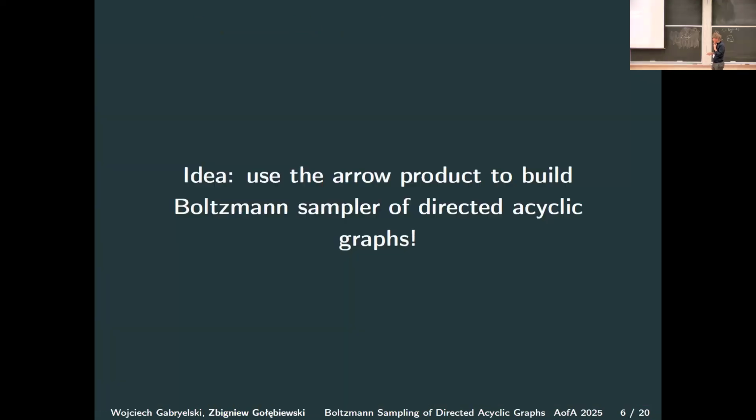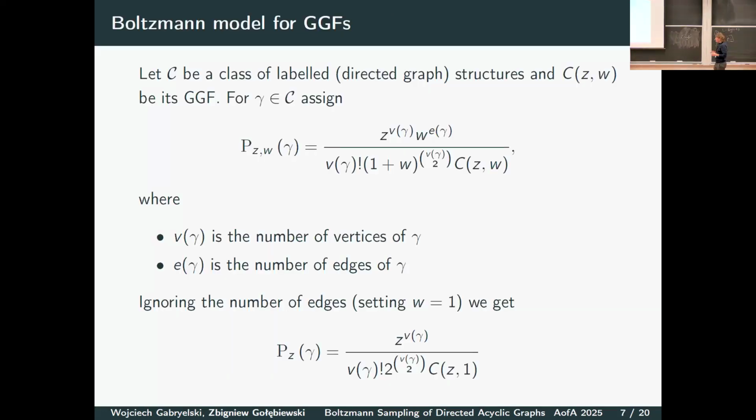Okay, so our idea was, let's use this arrow product and those graphic generating functions to build a Boltzmann sampler of directed acyclic graphs. So first of all, we have to introduce the Boltzmann model for the graphic generating function, which is more or less the same as it was before, but we just have to add this thing in the denominator, 1 plus W, and here you got the number of vertices of gamma choose 2, and also W to the number of edges in the numerator.